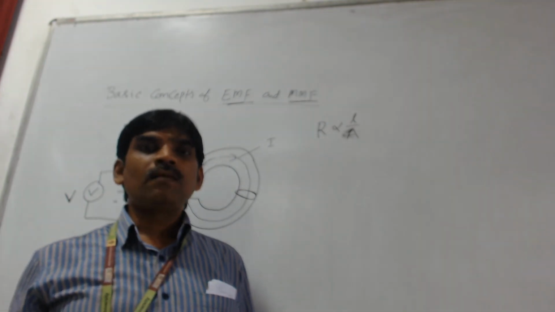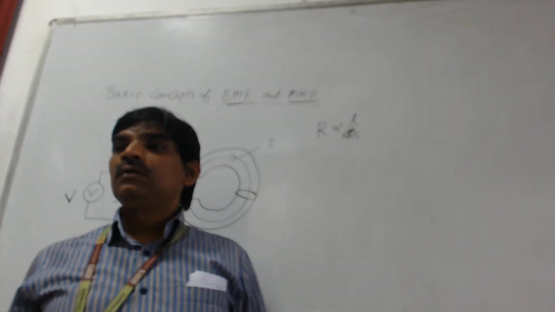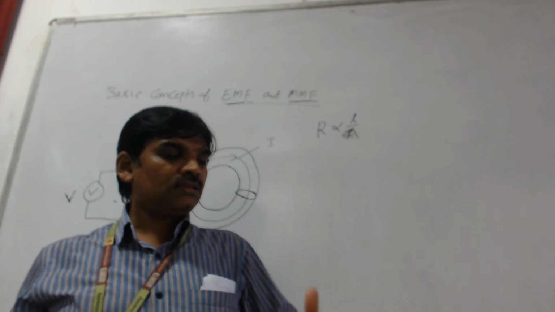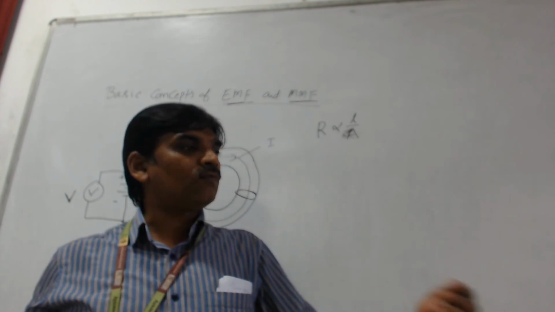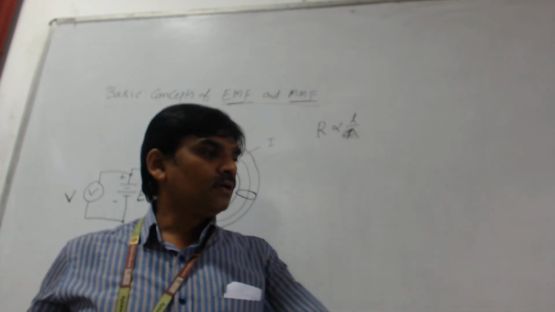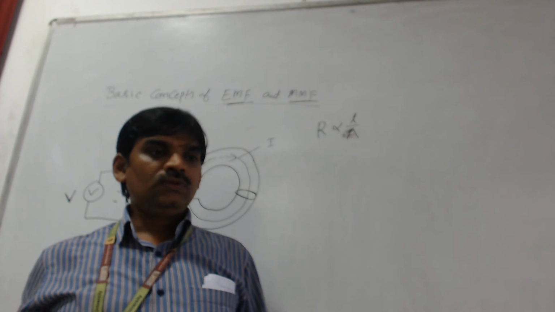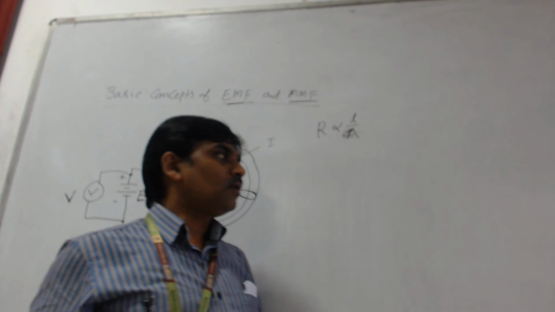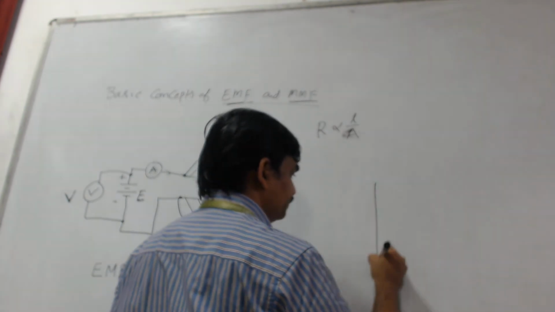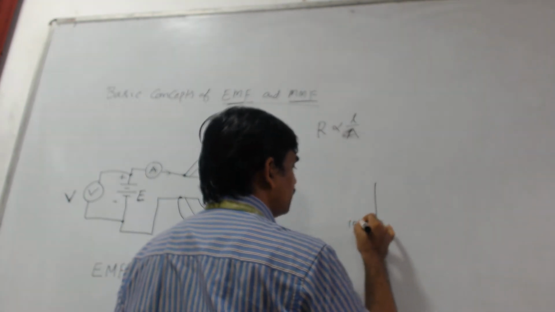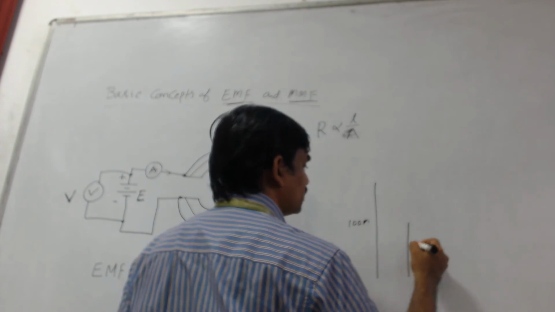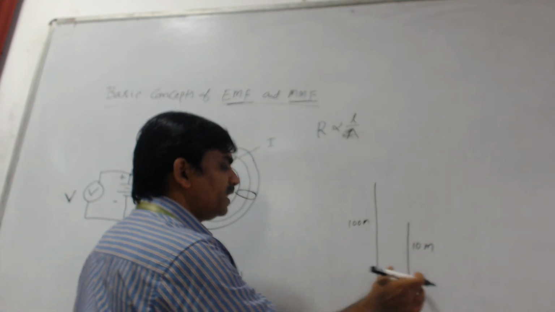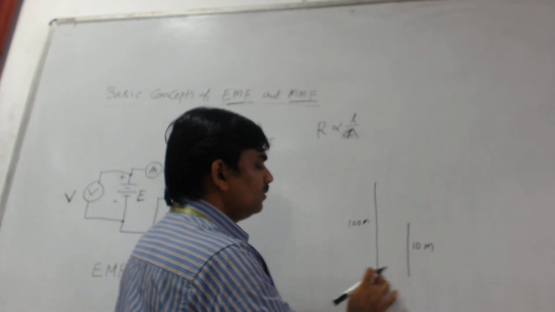So what you conclude is that as the conductor size increases, maybe a length of 1 kilometer, 2 kilometers or 100 meters, with the same cross sectional area, the resistance increases. For example, take one conductor of 100 meters and another of 10 meters, both of the same material.